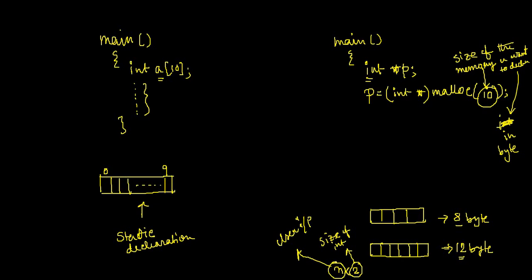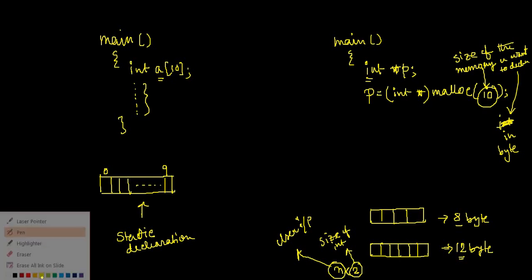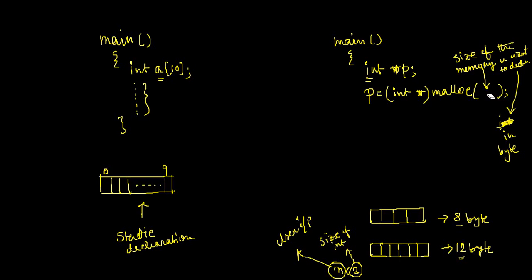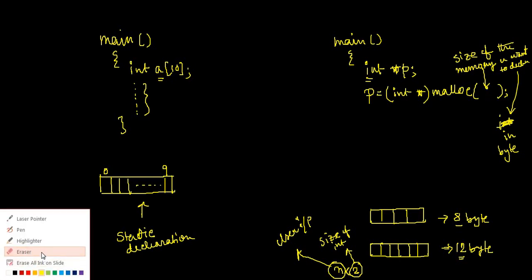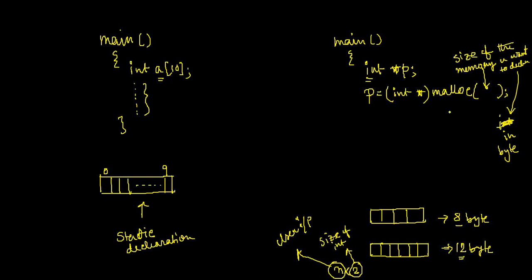So if I have a user input n, obviously as a programmer you have to write the code in such a way that you declare a memory location of 2n bytes. Now how can we do this? Here, instead of writing 10, I can write 2 into n, as simple as that.